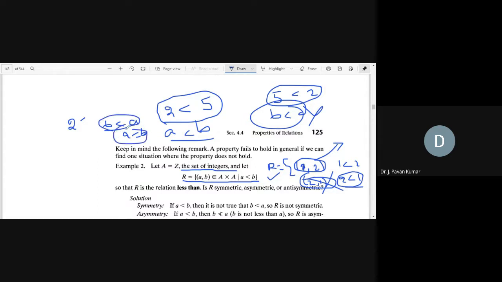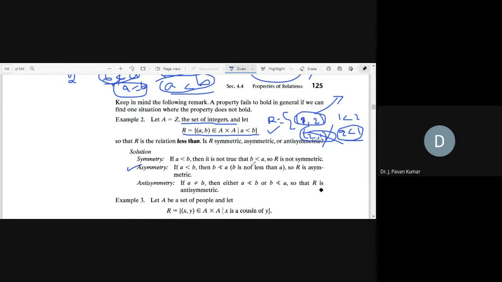So this condition will not arise. Why? Because it is an asymmetric relation. We will not have any pairs where a less than b and b less than a. If a comma b is part of the relation, then b comma a will not be part of the relation.